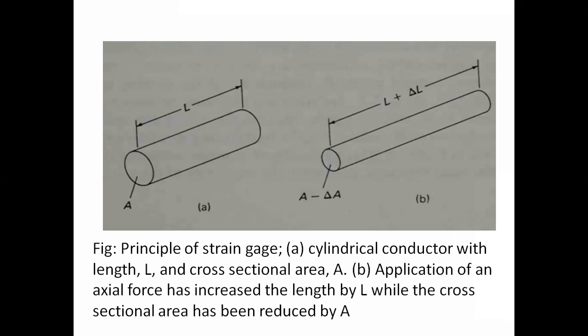Based upon this basic principle, we can find out the change of resistance, and that change of resistance corresponds to the change in the dimensions of the conductor. The change in the dimensions of the conductor corresponds to the amount of strain applied.